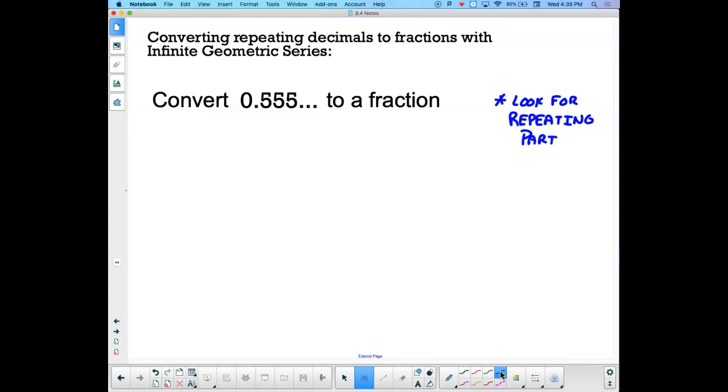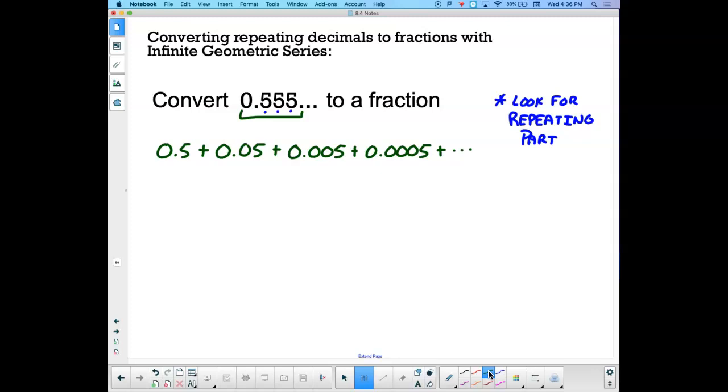In this particular case, it's the 5 that is repeating. So I could write this decimal as 0.5 plus 0.05 plus 0.005 plus 0.0005, and so on and so forth.